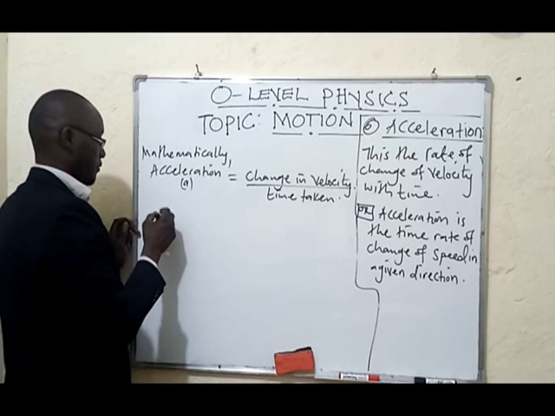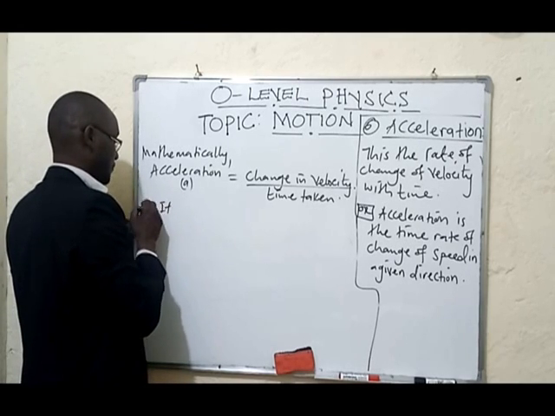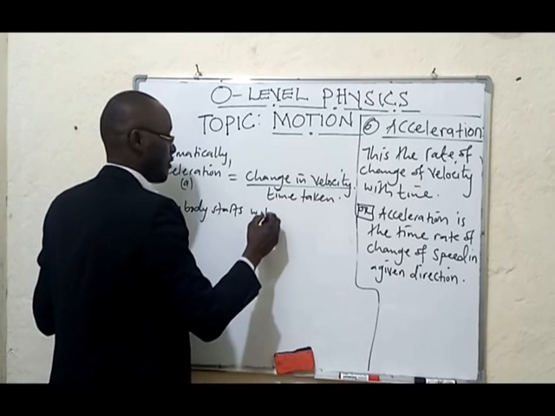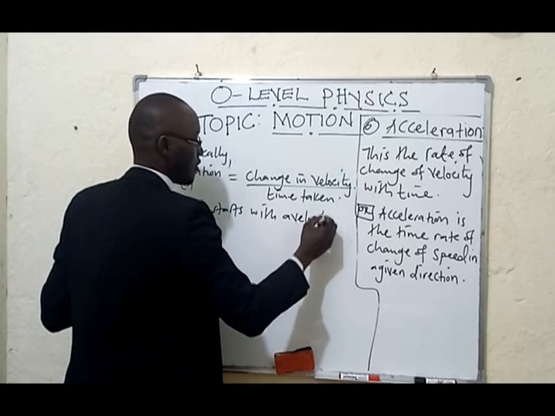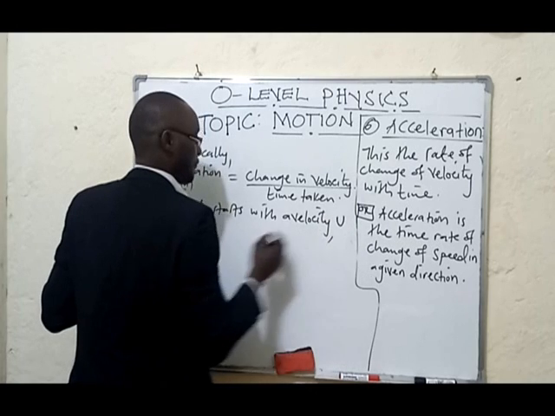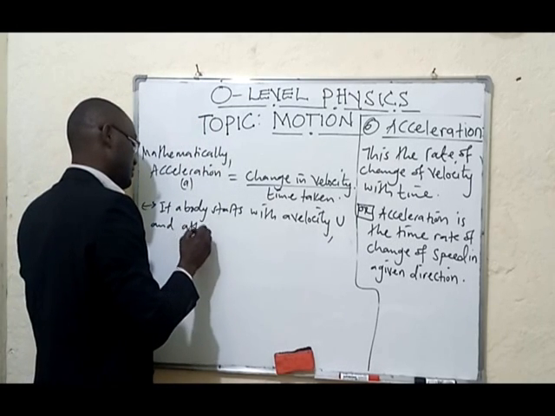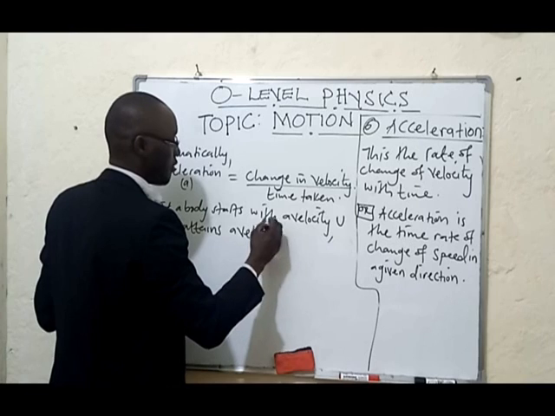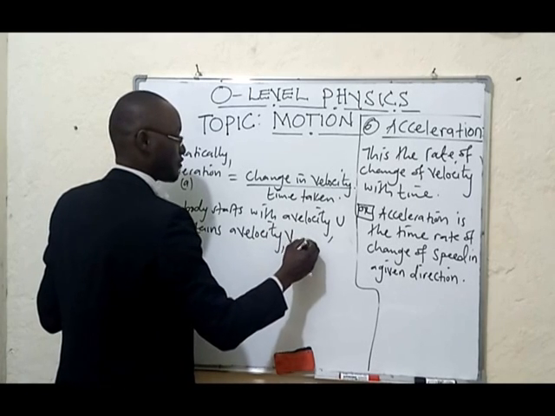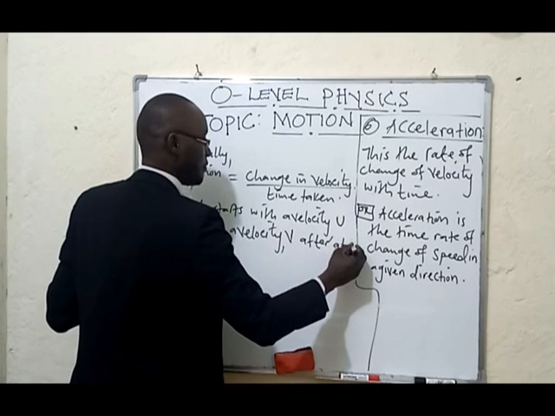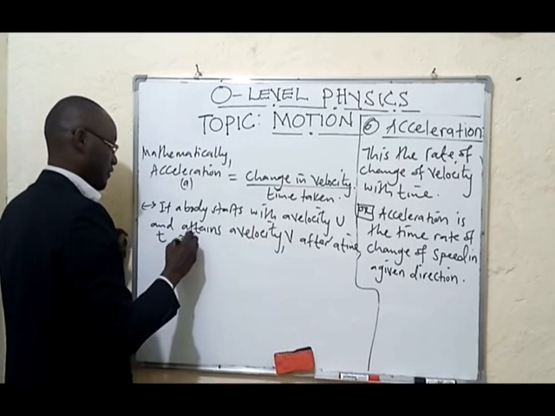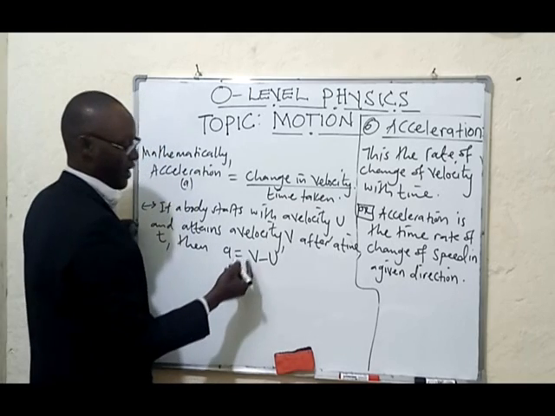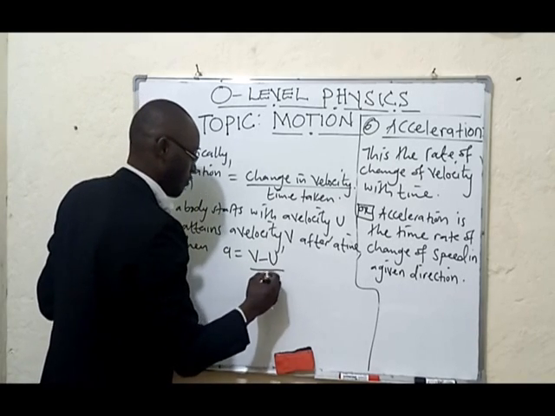So if a body starts with a velocity u and attains a velocity v after a time t, then acceleration is change in velocity, final velocity minus initial velocity, over time taken.